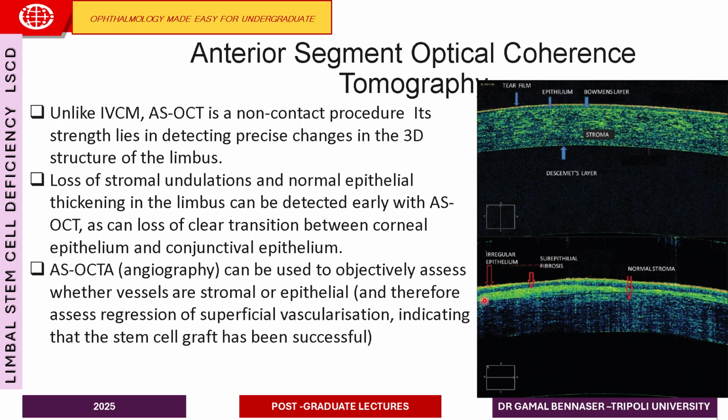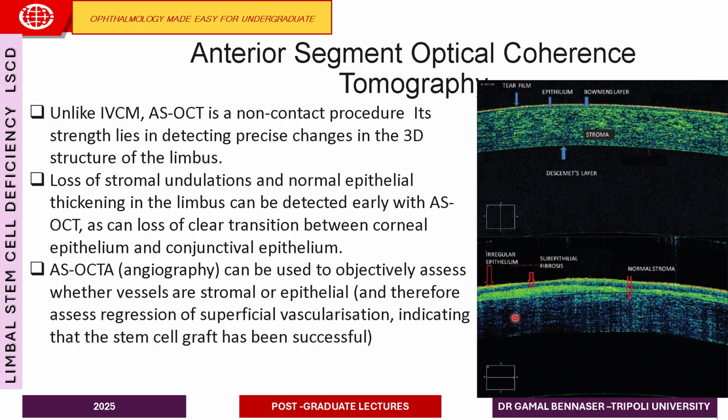As you know, the cornea maintains its transparency by a very strict balance between the angiogenic and non-angiogenic factors. And also, the cornea maintains its immunologically privileged state by the absence of new vessels.